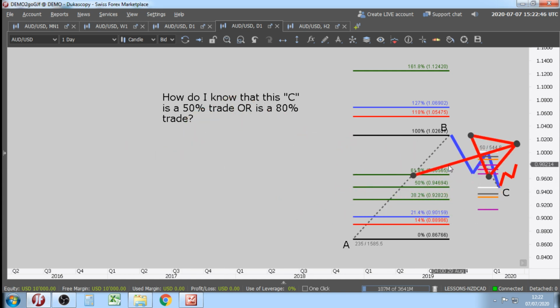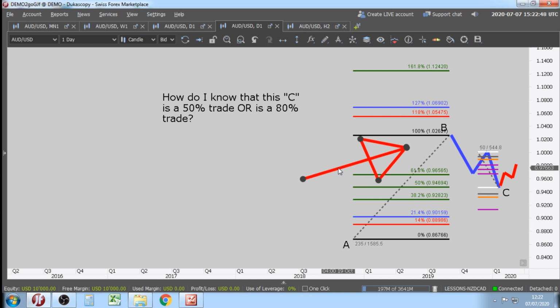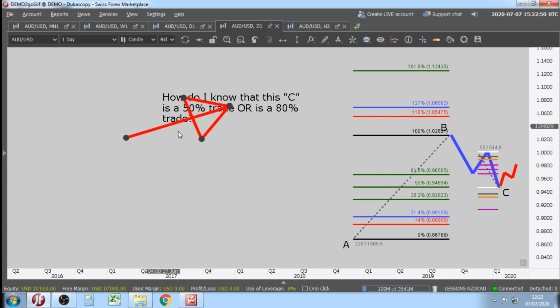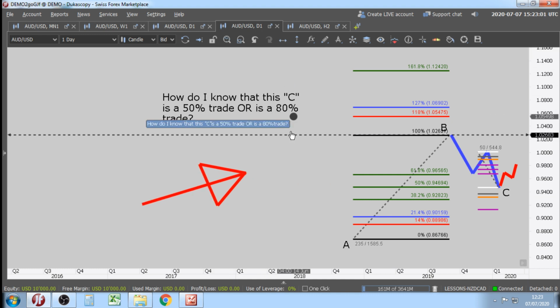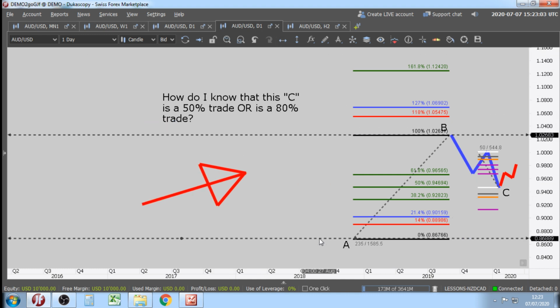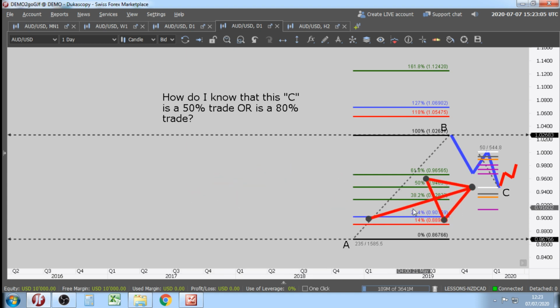Talking about probabilities, about the original Fibonacci. And number 1 is stating, yes Kevin, you're correct, that until the D extension is still inside the AB boundary of the original Fibonacci, we are entering a 50% trade.